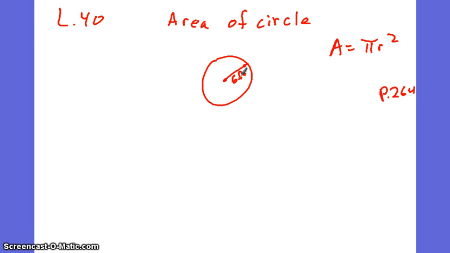Okay, so it's pi r squared, so 3.14 times 6 squared, which is 3.14 times 36. Big table.